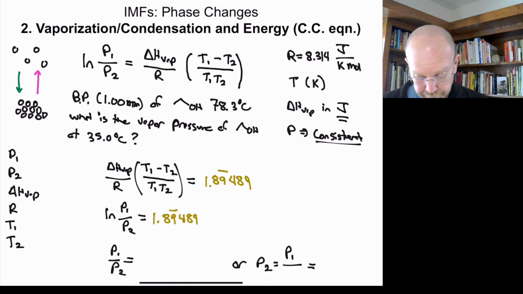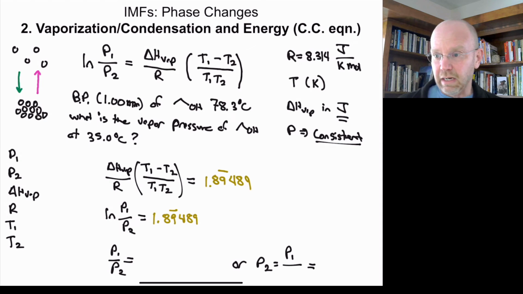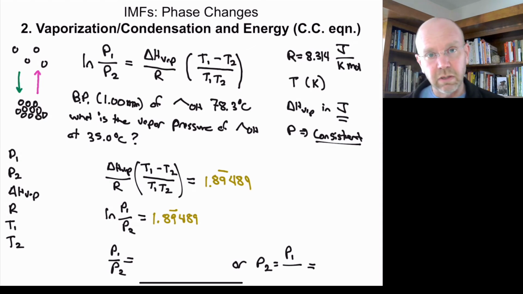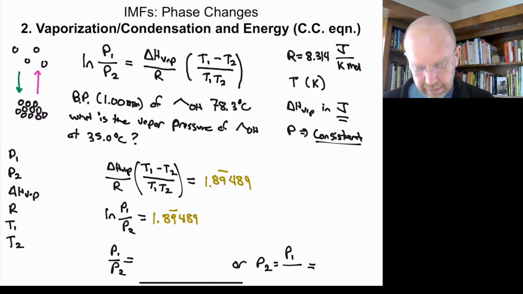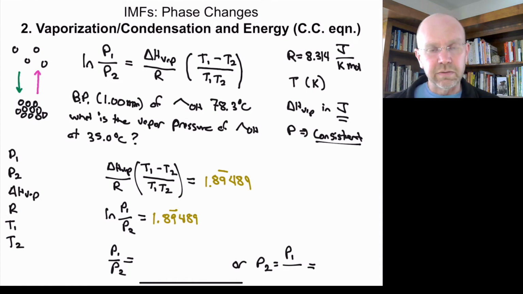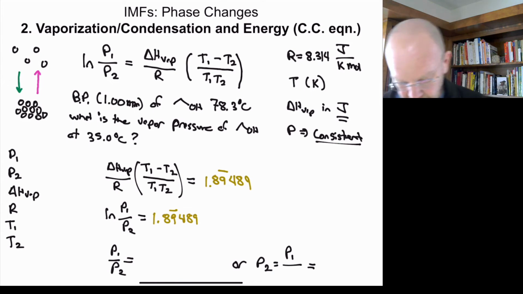Now we have to figure out how to get those pressures out. When you have a natural log, in order to get rid of the log, you have to do the anti-log. So it's going to be e to both sides. The tricky thing about doing e to both sides is that we have to figure out what happens with the sig figs.